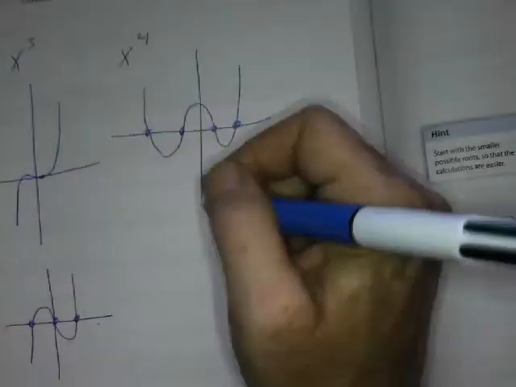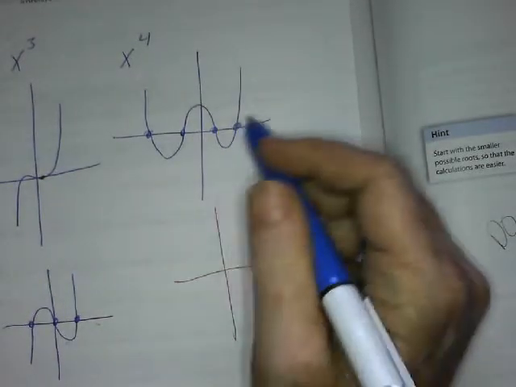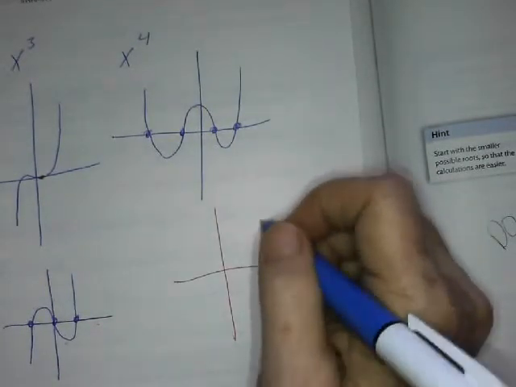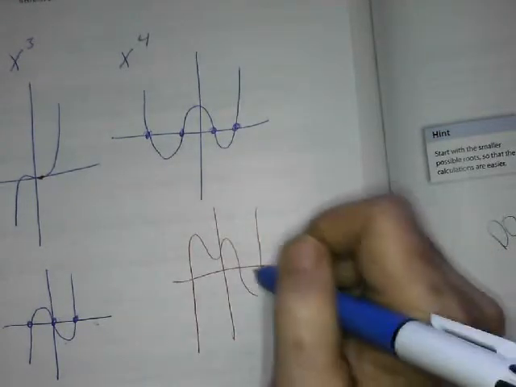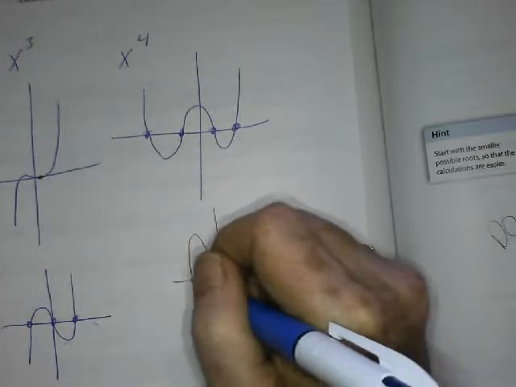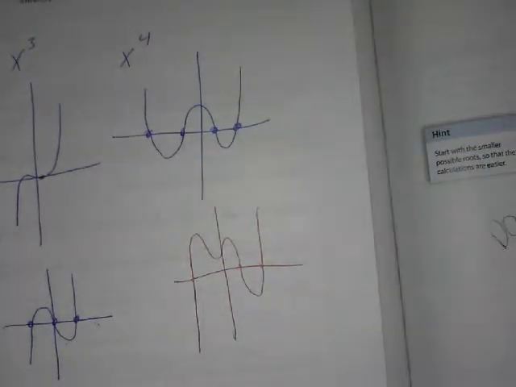It could have 1 real root and 2 imaginary or complex roots. Same thing here. It has up to 4 roots, but maybe it goes like this, and then maybe it goes something like that, and maybe it has 3 real roots or something.